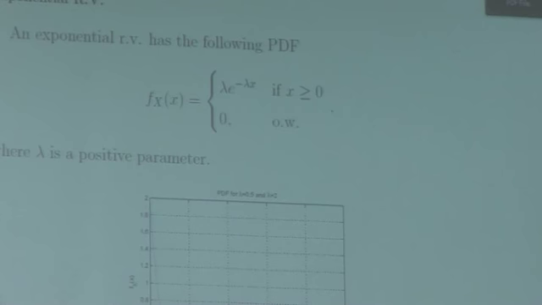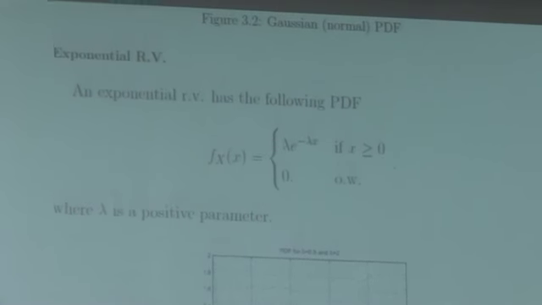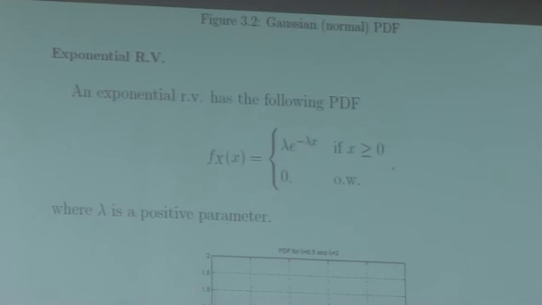This is used often to model the lifetime of something, since a lifetime is usually positive, and it may decay fast. Lambda controls how fast this density decays.